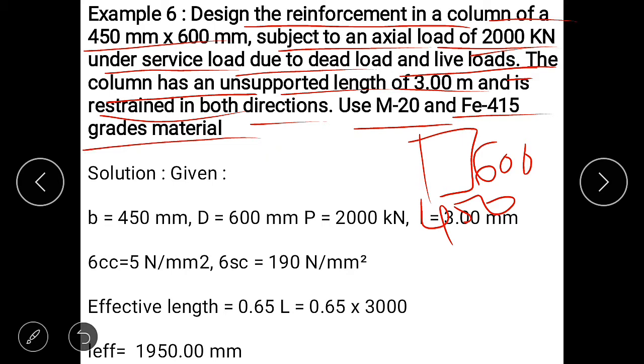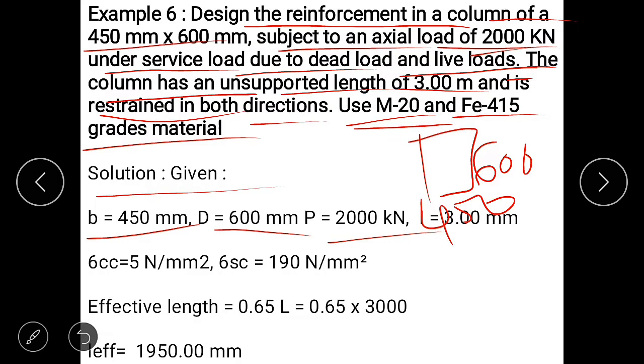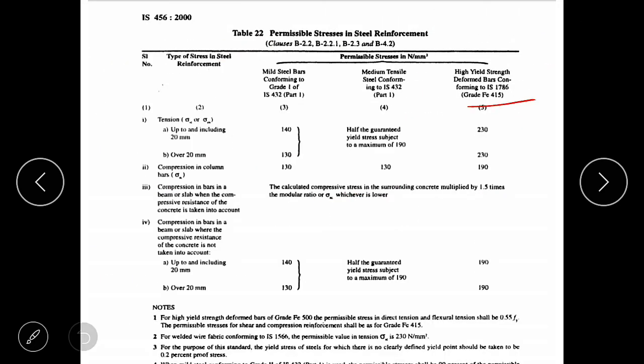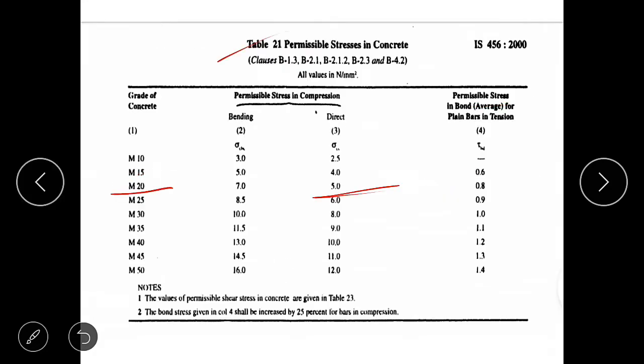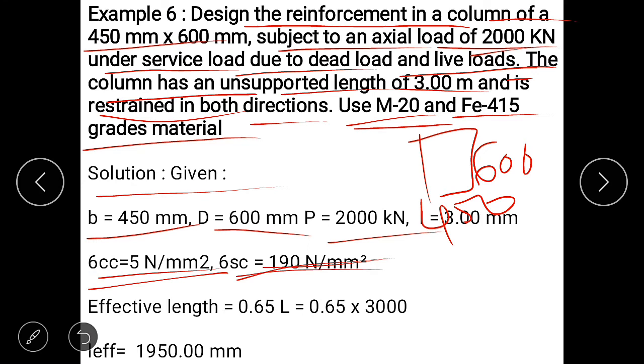In this numerical, the given data is: width of column B is 450 mm, depth of column is 600 mm, P is 2000 kilonewton, and grade of concrete is M20. From Table 21 for M20, the direct stress is 5, so use 5, and for Fe415, for column the value is 190, so use sigma S as 190.